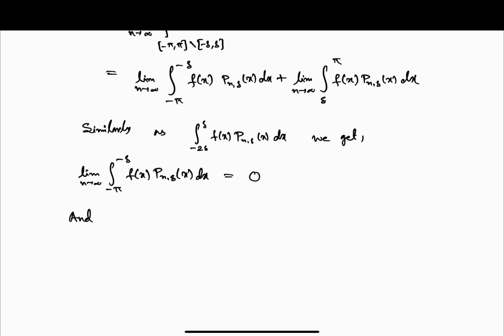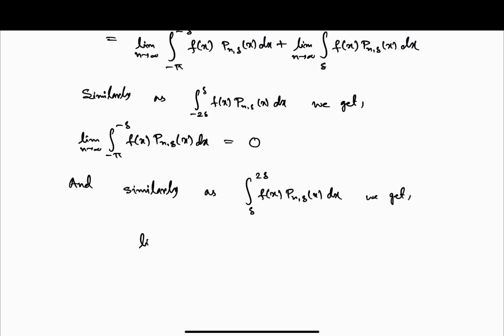And similarly, from the delta to 2 delta range, f(x) p_n delta(x) dx, we get limit n tends to infinity, delta to pi, f(x) p_n delta(x) dx, this is again 0.